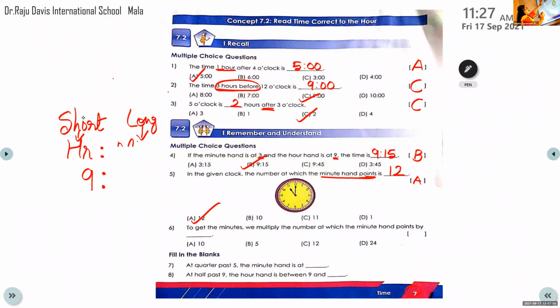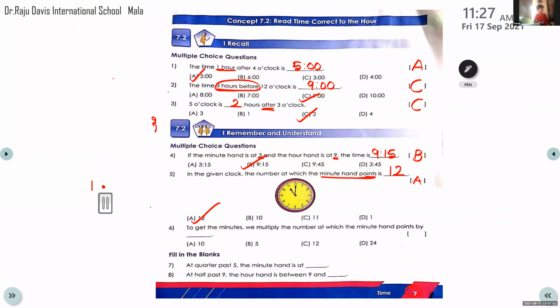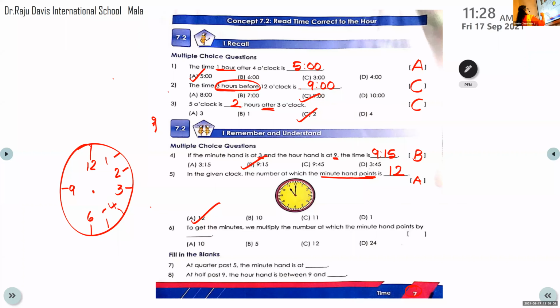Wait 1 second. I'm going to draw a clock over here. Ramin, look here. Listen here. I'm going to ask the questions to you only.